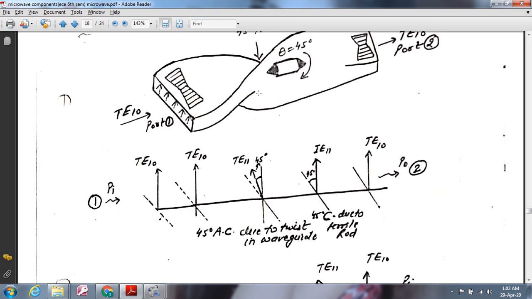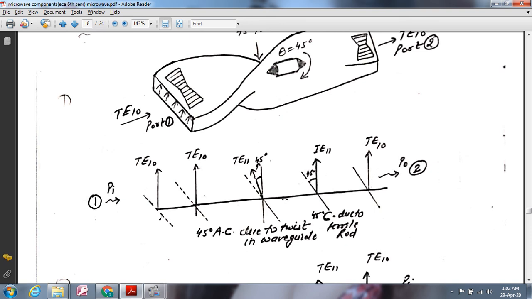Now after this, it passes through this ferrite rod, which has 45-degree clockwise rotation. So initially it was rotated 45 degrees anti-clockwise, and now it passes through the ferrite rod, which is rotated 45 degrees clockwise. So the output will be the same as the input. There will be no change in the output.